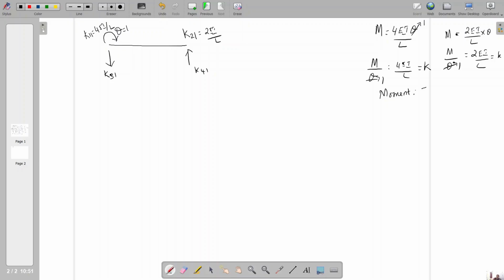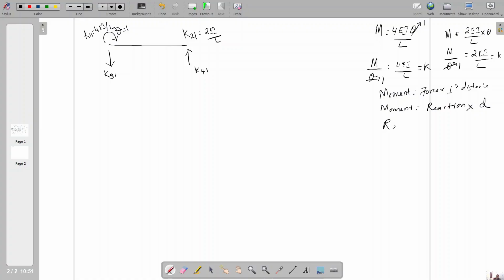Actually, we can derive one concept, that is, what is moment? Moment equal to force into perpendicular distance. In other words, we can write moment equal to reaction into the distance d.